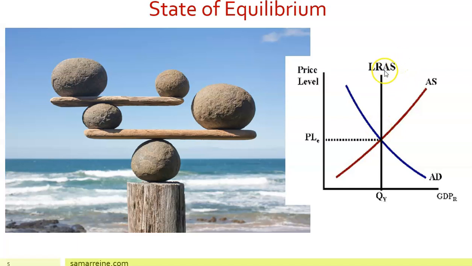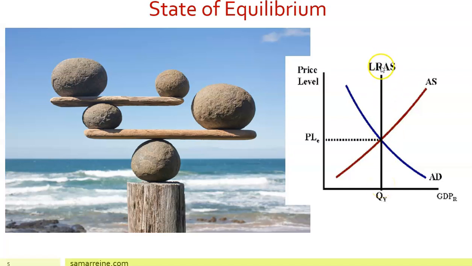And this is the long run aggregate supply, and notice it's vertical because it's an independent curve. It shows us that the only thing that matters in this graph is the quantity down here, which is the real GDP, be it purchased or produced, at this point in time.